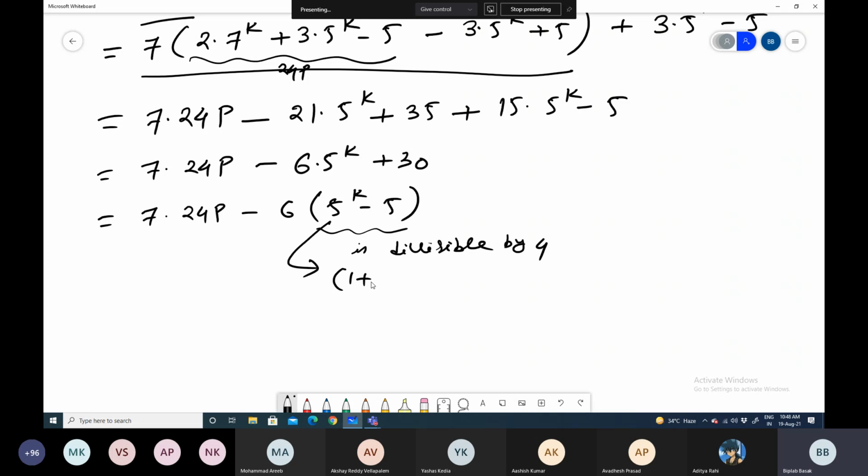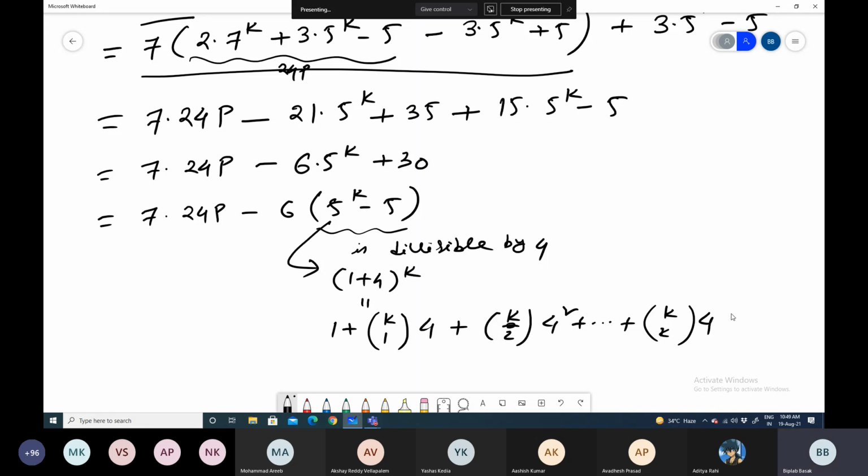So (1 plus 4) to the power k will be 1 plus k choose 1 into 4 plus k choose 2 into 4 square, up to k choose k into 4 to the power k, minus 5. And then this will be divisible by 4, since you can write it as 4 times something.